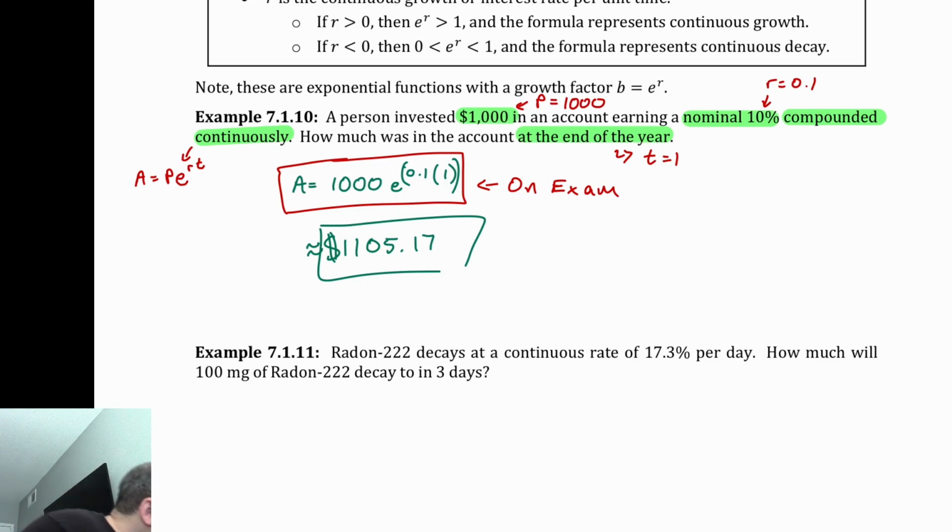When you press the second ln, it kind of does e to some power, and it puts the parentheses for you. So it'll type something like e, and then caret, and then it'll open parentheses for putting an exponent on e. It already opens the parenthesis for you, so you just put in the 0.1 times 1 into that parenthesis and close it, and it should work out on the calculator.